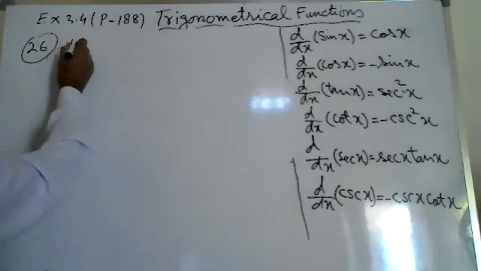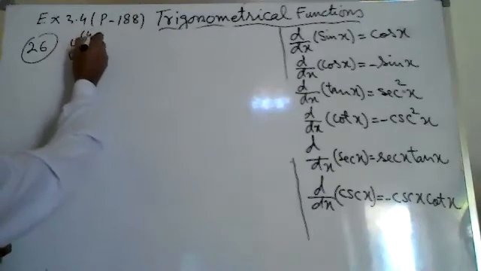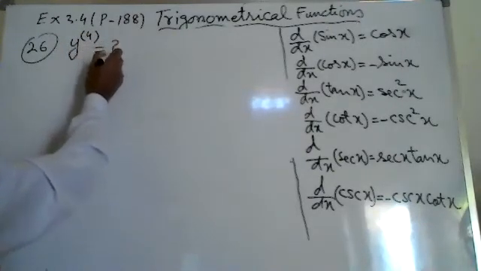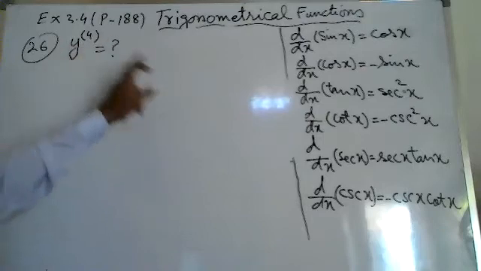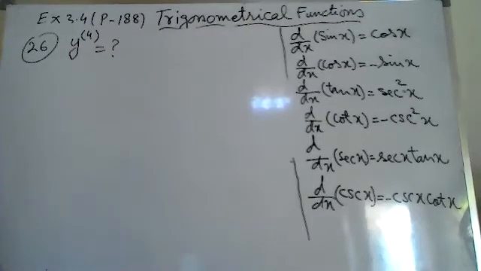We have to find y raised to power 4, and this 4 is in the bracket. So that means we have to find the fourth derivative. If there is no bracket, that means y raised to power 4.